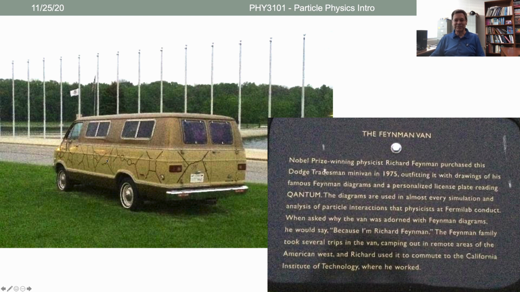And he had various Feynman diagrams drawn on his van to represent these calculations in quantum field theory. And this was at a time when it was displayed at the Fermi National Accelerator Laboratory. It had a little plaque there about Feynman having done that. And anyway, somewhat amusing. Okay, so that ends this lecture on particle interactions and their graphical representation in Feynman diagrams.